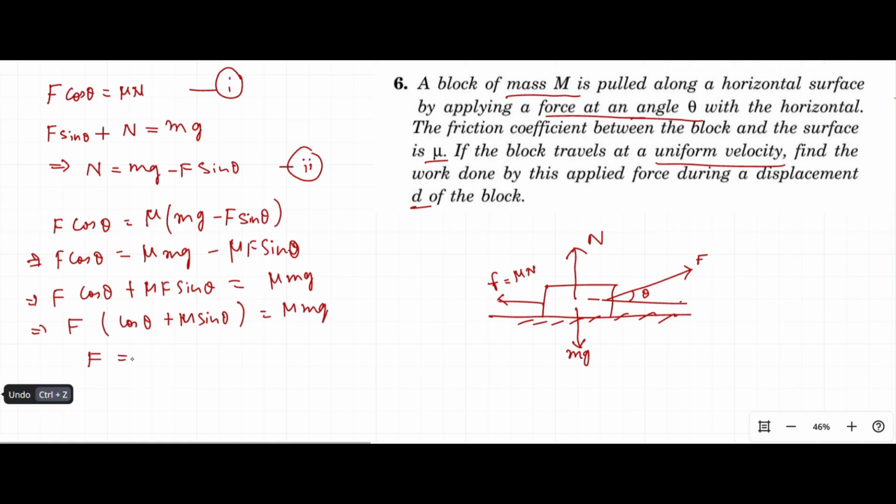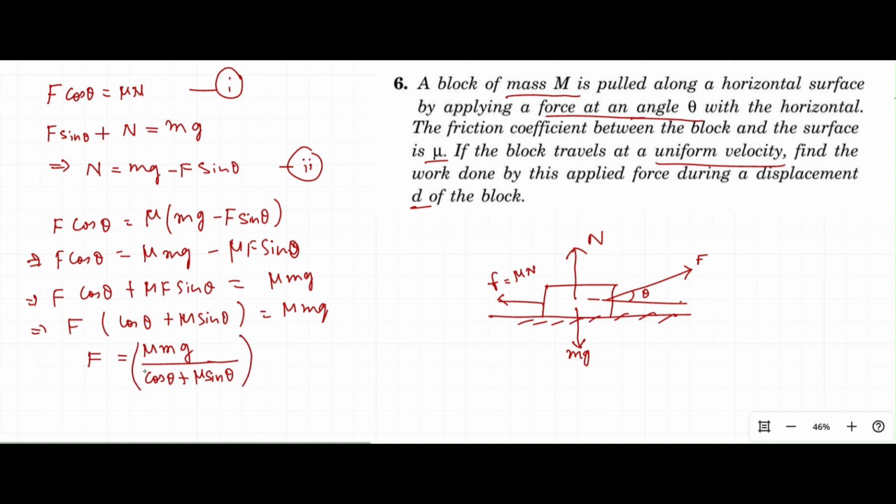So now F becomes mu mg by (cos theta plus mu sin theta). Now this is what F is.